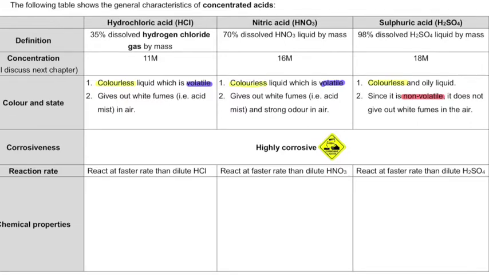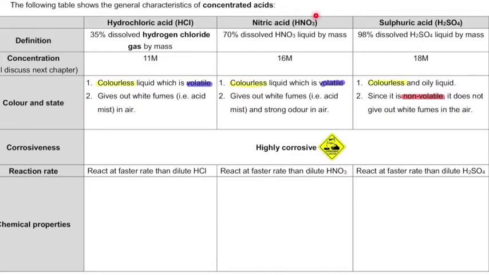We cannot dissolve up to 100% of hydrogen chloride gas in it. Up to 35% is the maximum amount of hydrogen chloride gas we can have in it. Hence the maximum concentration we will achieve is 11 molar.